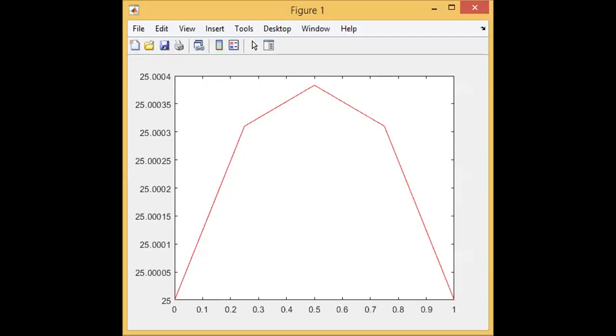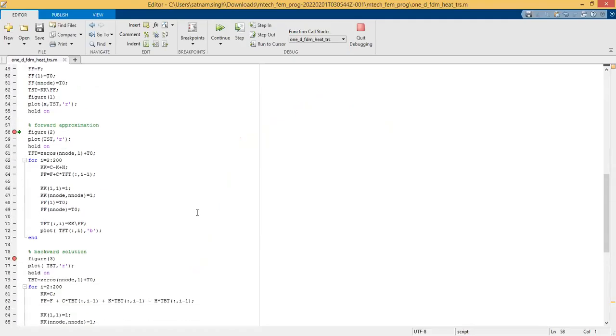You can see that the temperature at the end two points happens to be 25 degrees each, because this is the boundary condition. Now in the next part of the program, we will deal with the forward approximation, that is from line number 58 to 73.